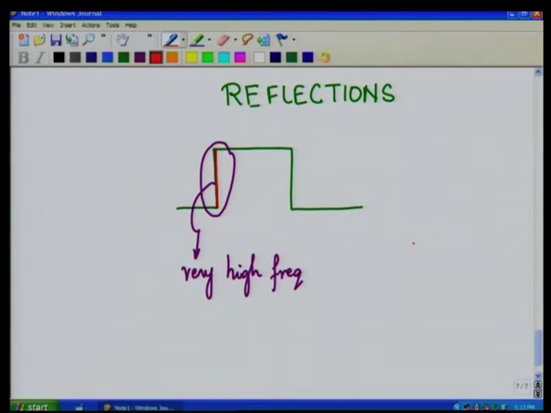The rise time, TR, is the time taken for the voltage waveform to rise from 10% of the value to 90% of the value, that is from 10% down here to 90% up there, and that is a very, very small number, of the order of nanoseconds.